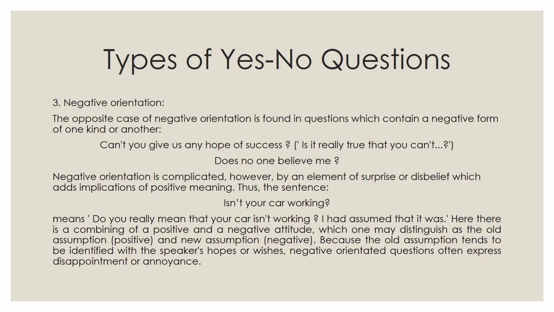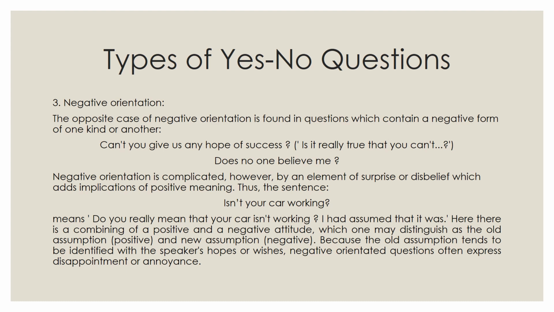Here, there is a combining of a positive and negative attitude. You see, positive when you were expecting something positive, okay, and negative when you come to the fact and you find that your expectation cannot be achieved.